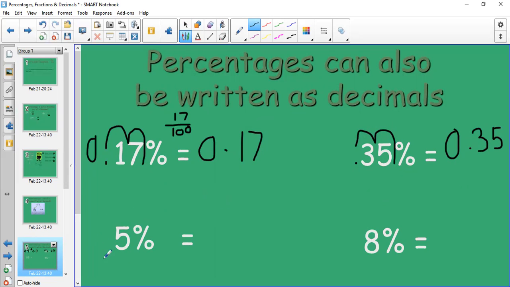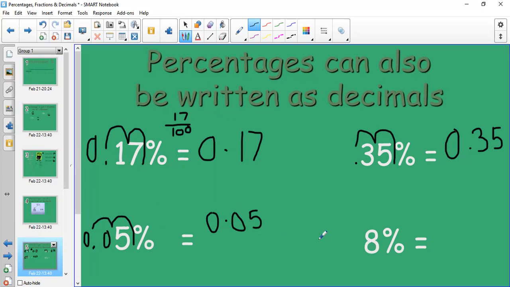What about if you only have a single digit, like 5% or 8%? Again, it's the exact same. You just need to remember to divide it by 100. It's the same as saying 5 over 100 as a fraction, but let's divide it. 1, 2. So our decimal point moves to here. We need to put our 0 in as our placeholders. So 0.05 is the same as 5%.